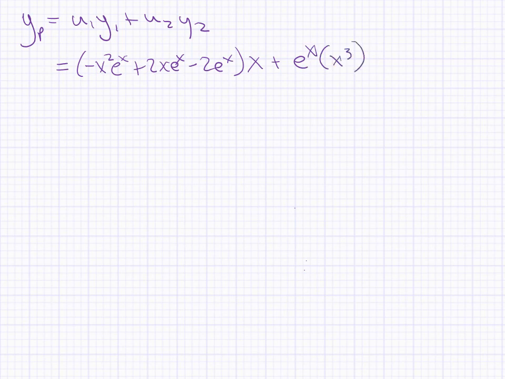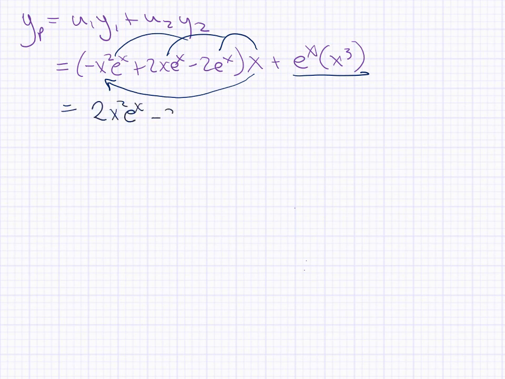If we distribute this x in here, here, and here, notice we're going to get a negative x cubed e to the x out of this, and we have a positive x cubed e to the x. They're going to cancel. We're also going to get a 2x squared e to the x and a minus 2x e to the x. So there's your y sub p.